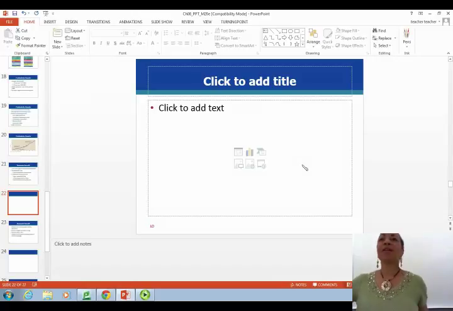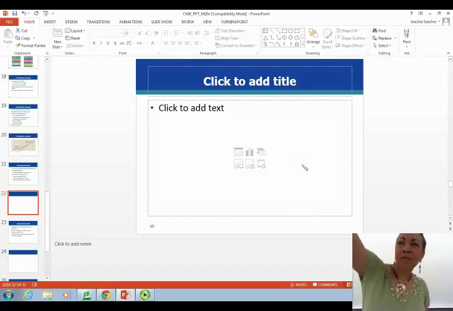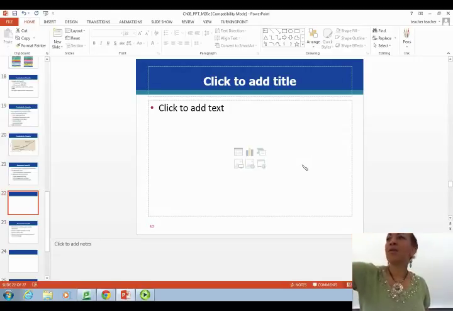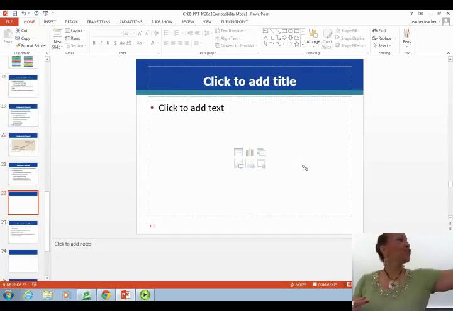Katie's going to come up here. I need somebody from the back table to come up here. Shannon, you're going to move back there. So 1, 2, 3, 4, 5.